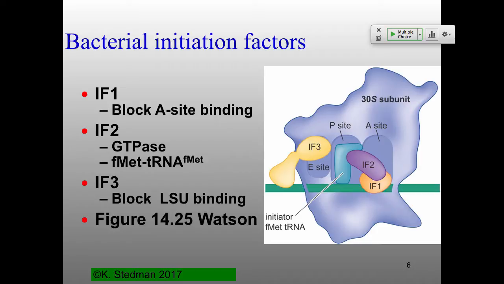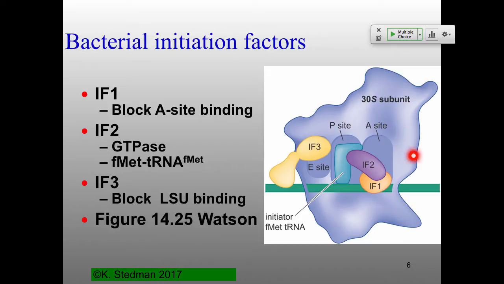Now we're going to talk about IFs. So the IFs are the translational initiation factors. Fortunately, there are only 3 of them for bacteria. Way more in eukaryotes, but we're not going to talk about most of them. Because these are, again, not terribly surprisingly, 3 of the initiation factors interact with the 3 different tRNA binding sites in the ribosome.